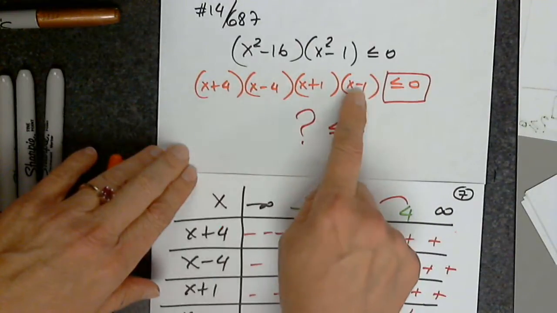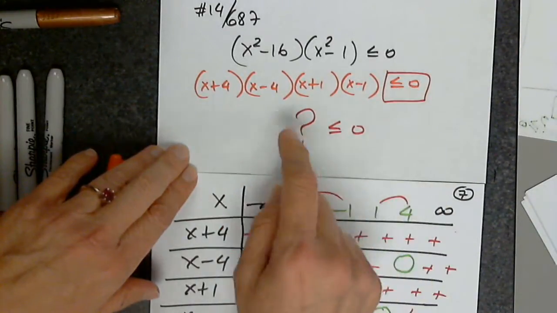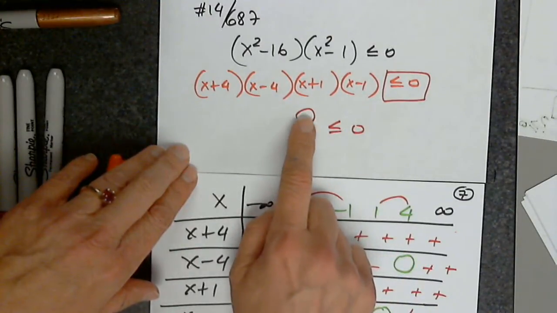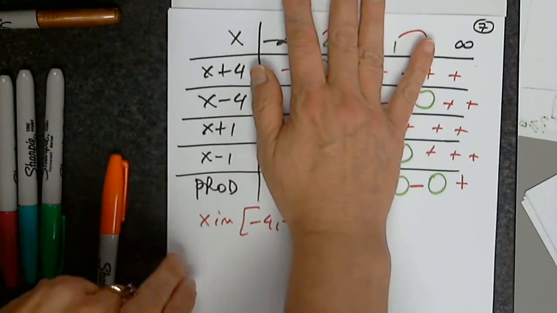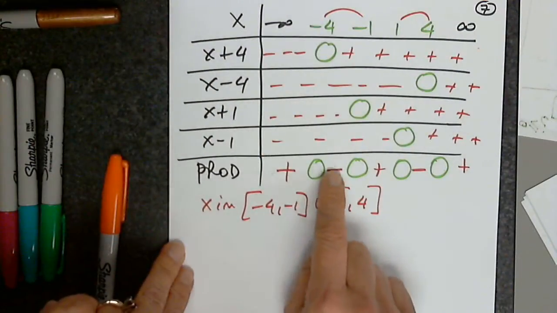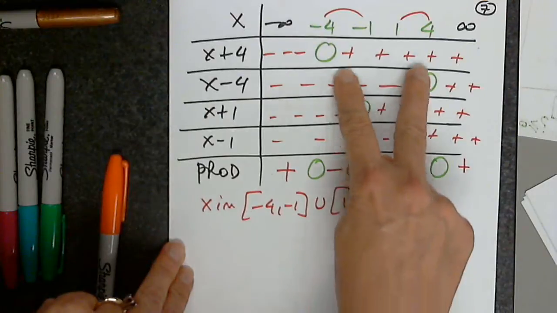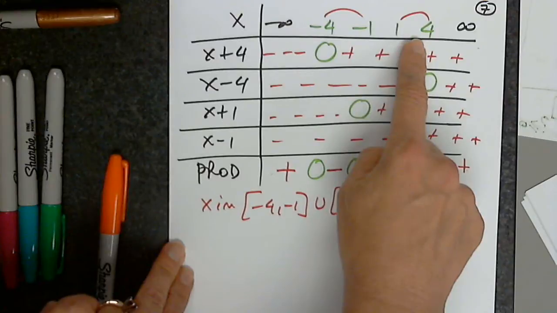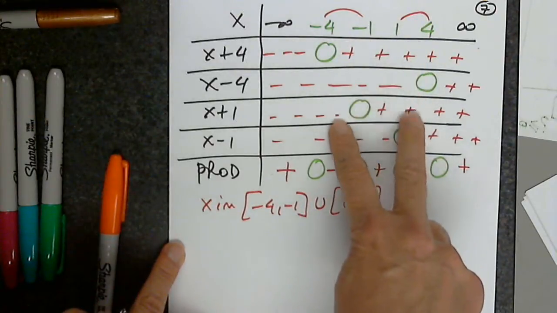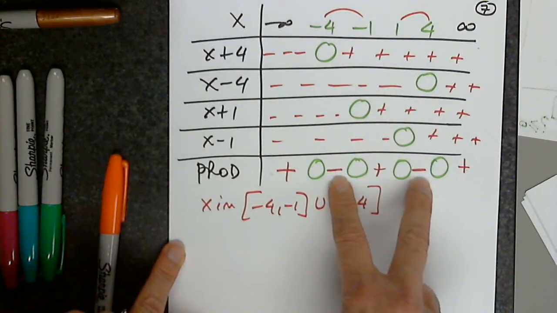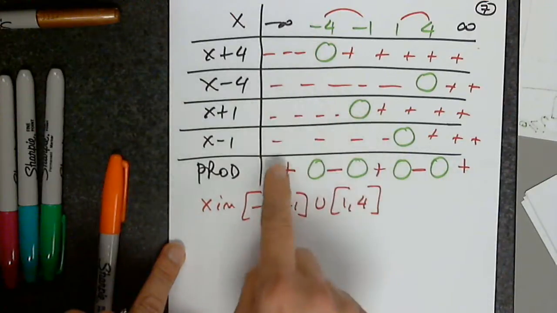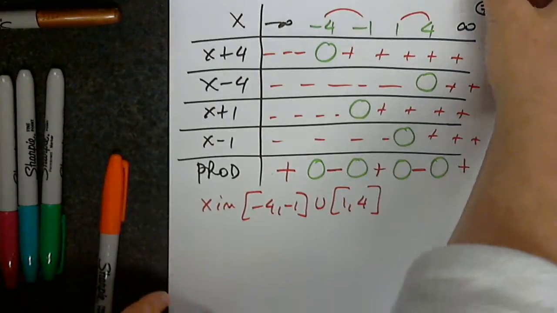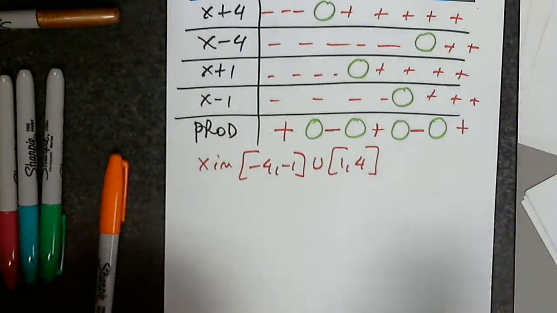After I study the sign, I'm asking myself, which sign do I pick? The answer is negative. So the product is negative here and here. Therefore, I have to choose the x values between -4 and -1 and between 1 and 4, because for these x values, the product is negative. For all the other values of x, the product is positive. Does that answer your question? Okay. Good. Do we need more examples?